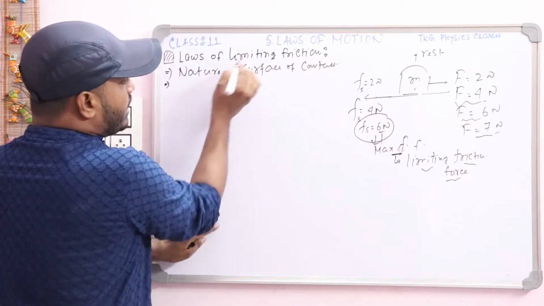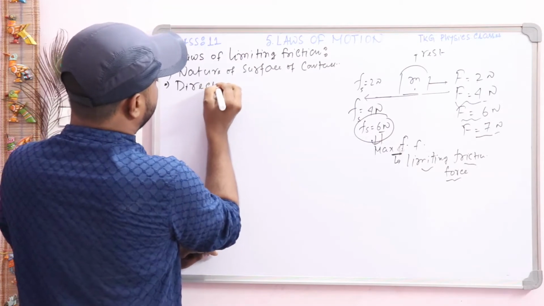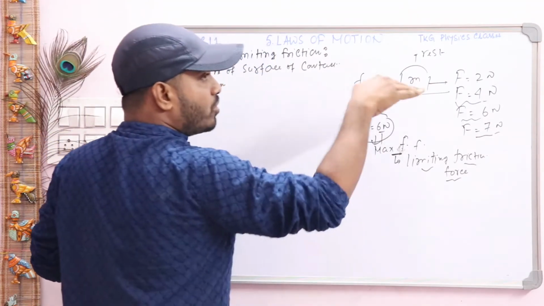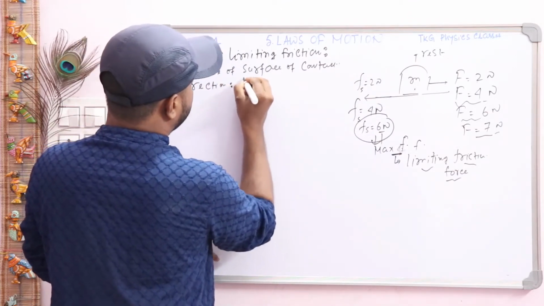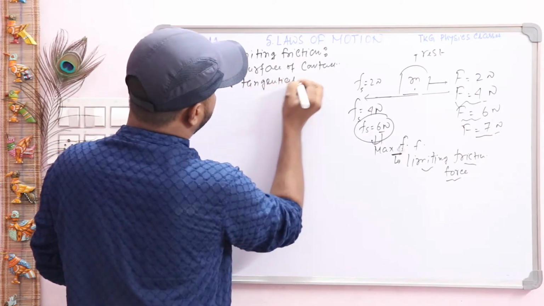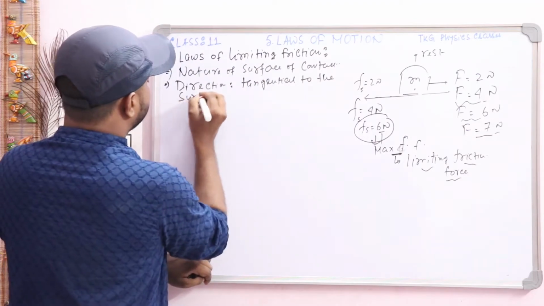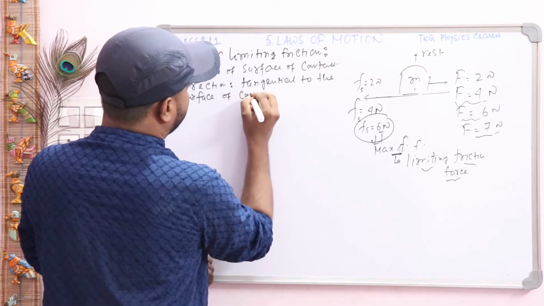Second point, limiting frictional force is directed opposite to the direction of the applied force, that is, tangential to the surface of contact.